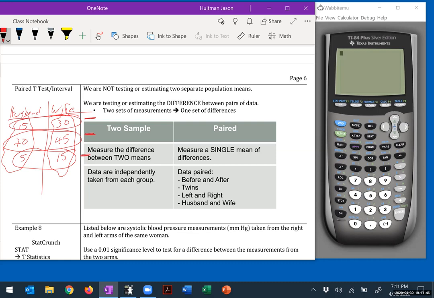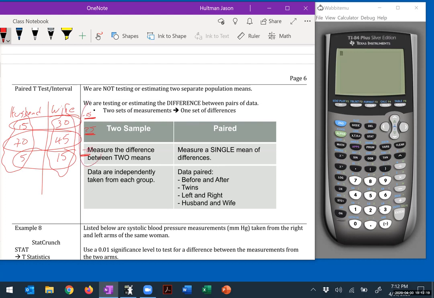The difference in the first one would be negative 15, if I subtracted 15 minus 30. What about the second one? That would be 25. And then here, 5 and 15, that's negative 10.